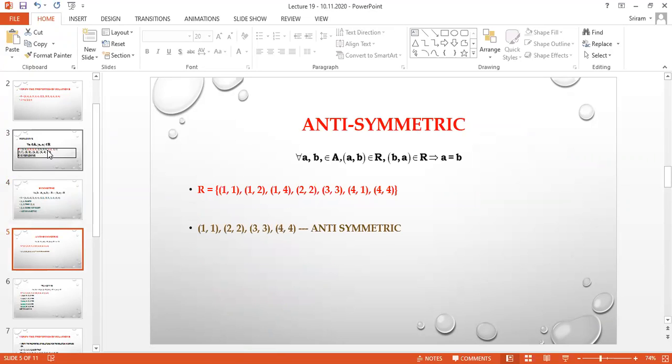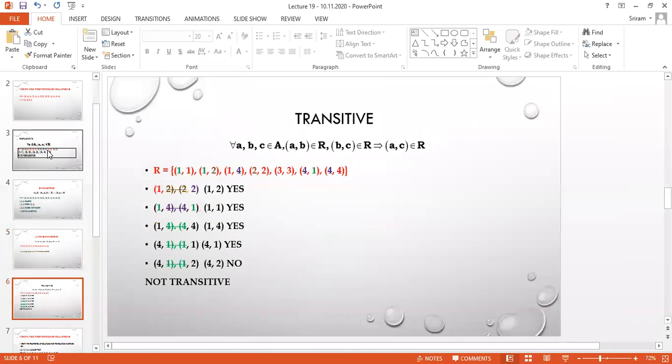The third one, anti-symmetric: if I have A, B and B, A where my terms are the same, then I should have only the reflexive pair. And the last one is called transitive. When I have A, B and B, C, if I cancel the common term B, B, I should get the remaining pair A, C.